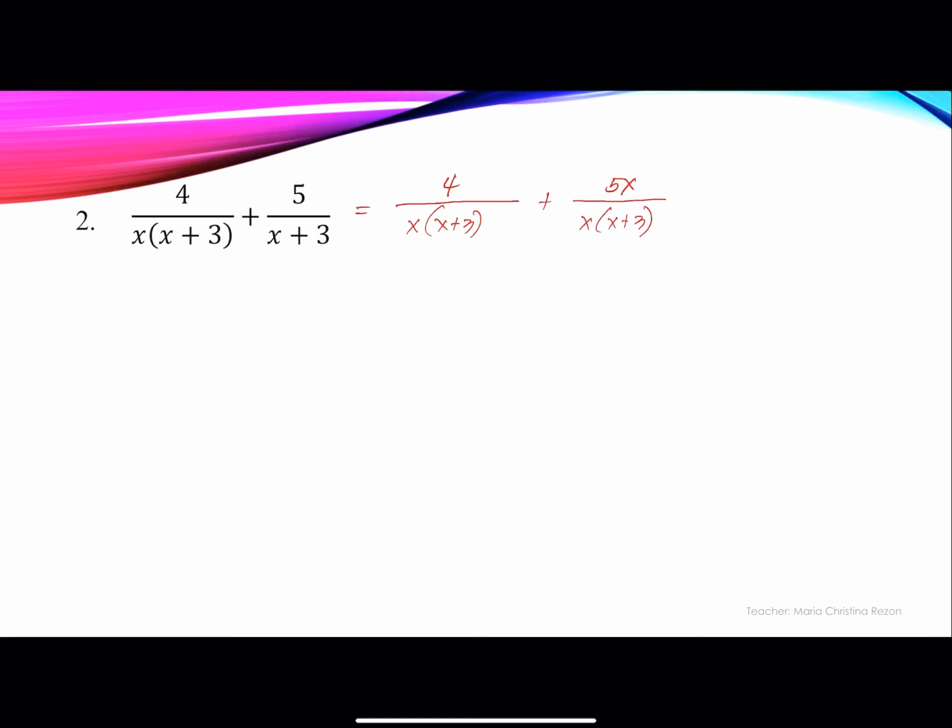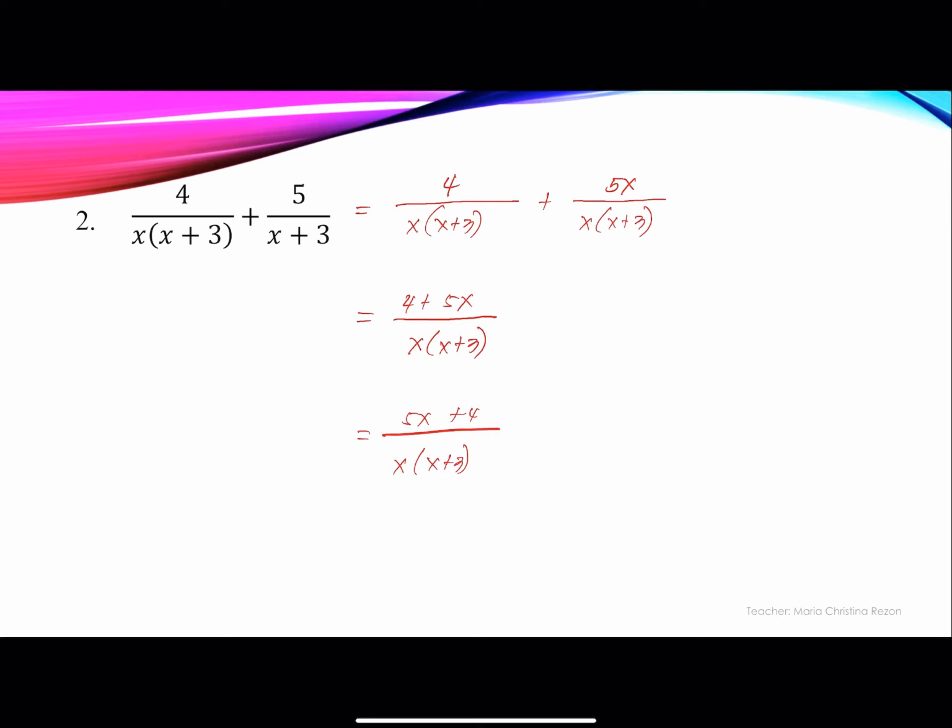Then simplify: you have x times x plus 3 as the denominator, add 4 and 5x, so you have 4 plus 5x, or you can rewrite that as 5x plus 4 all over x times x plus 3. These two are just the same, so we can just rewrite it like that.